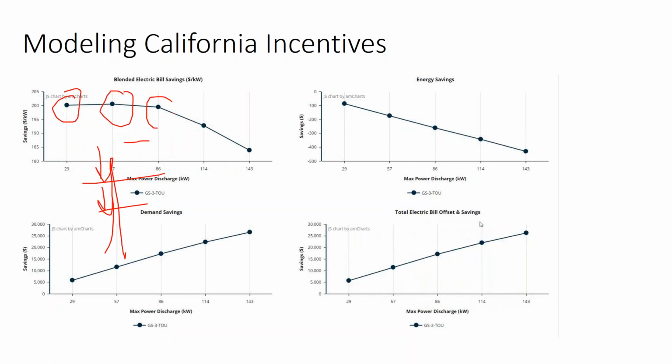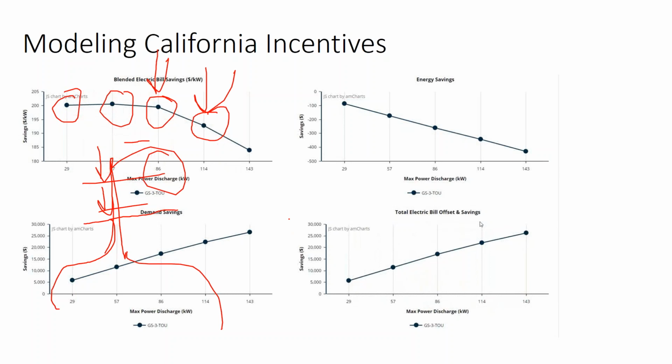But then when we get up to an 86 kilowatt battery bank, we're getting further down that cone. And by the time we get to a 114 kilowatt battery bank, now we're getting more into base load demand management. So really our most cost-effective battery bank size is 86 kilowatts, and that's going to be custom to your facility based on how spiky your application is. And then the energy costs are not that sensitive.